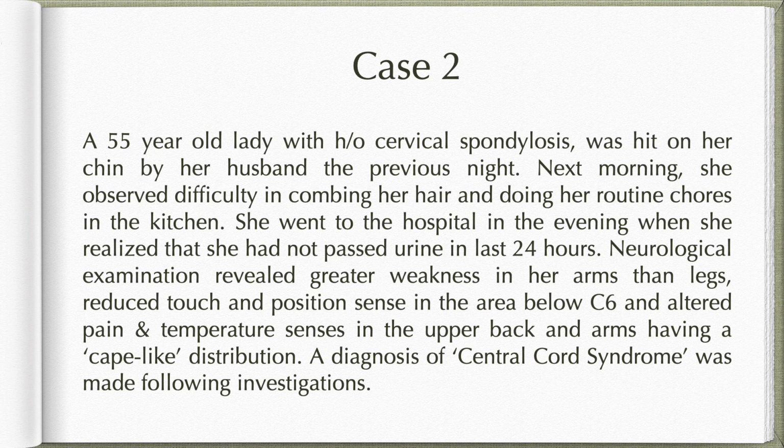Neurological examination revealed greater weakness in her arms than her legs, reduced touch, pain and position sensation in the area below the level of C6, and altered pain and temperature senses in the upper back and arms having a cape-like distribution. A diagnosis of central cord syndrome was made following these investigations.